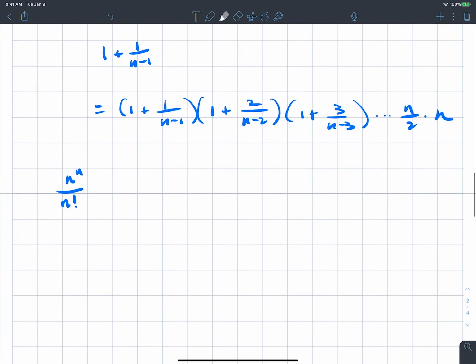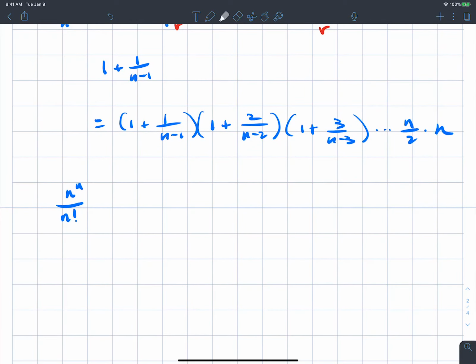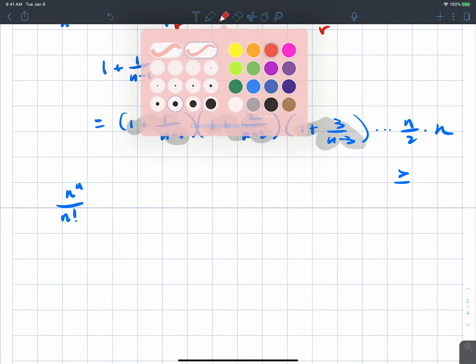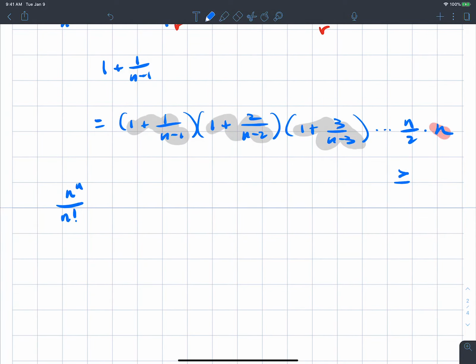Let's go back. Every one of these terms is bigger than 1. And so what we're showing here is that this is going to be greater than or equal to the last term, n. So this is greater than or equal to n.